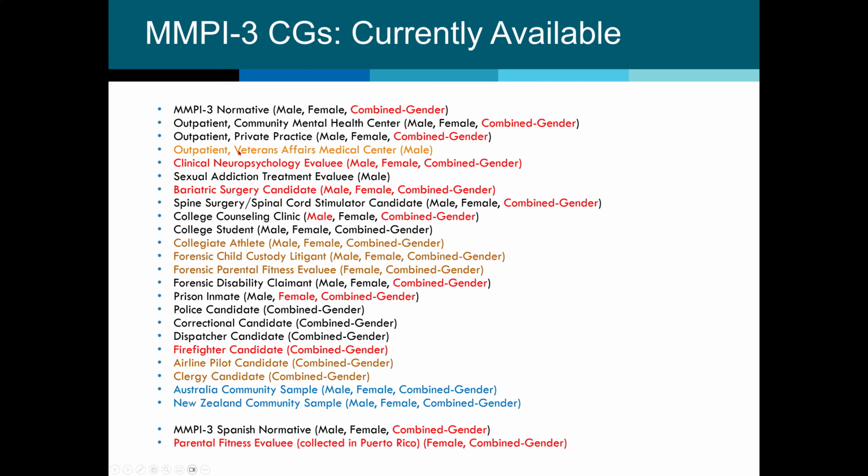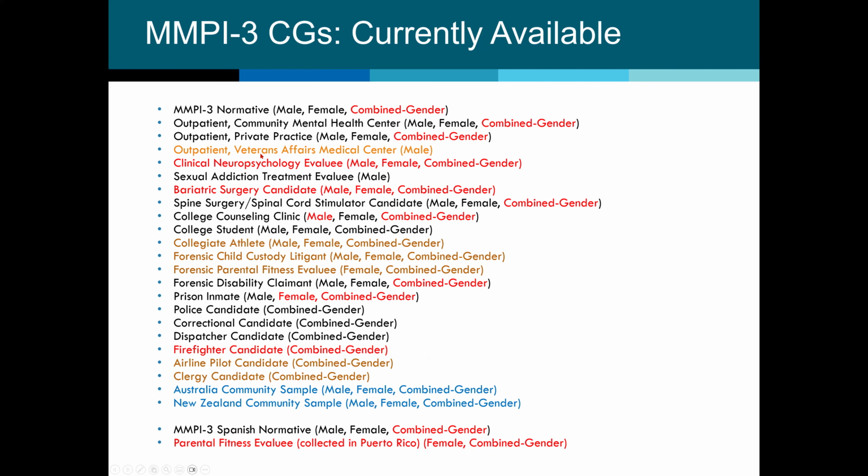And then the ones listed in orange are those that were just recently added to the scoring software, to Q Global. As we'll see, any of these can be used when producing a score report or an interpretive report.